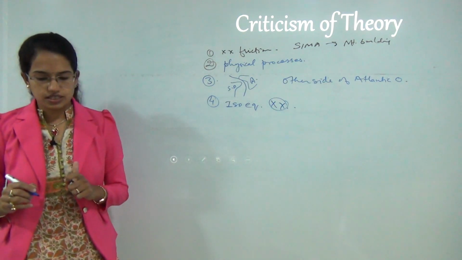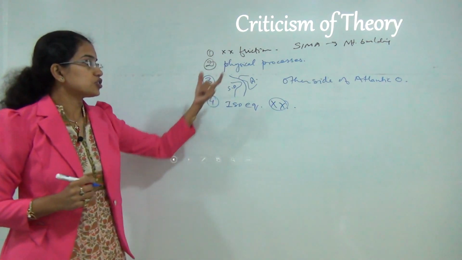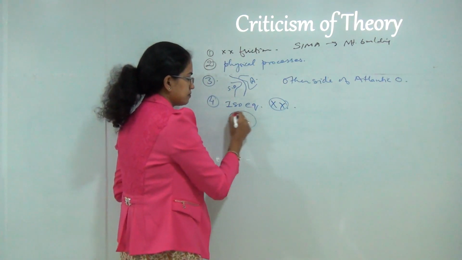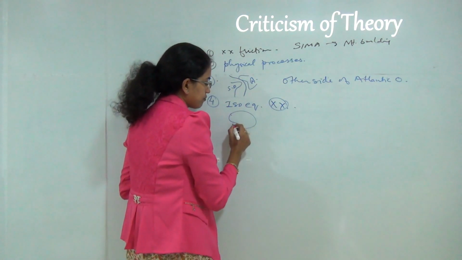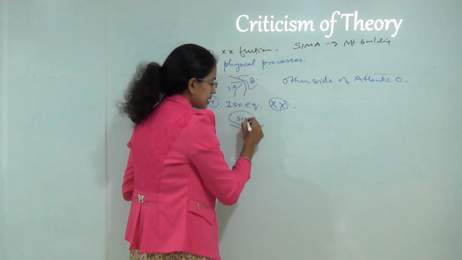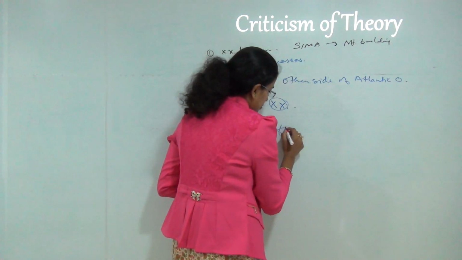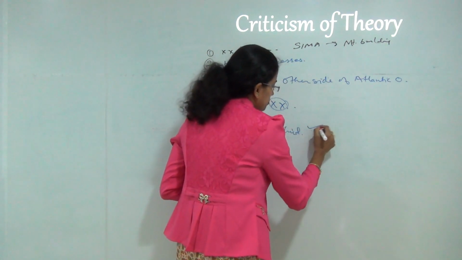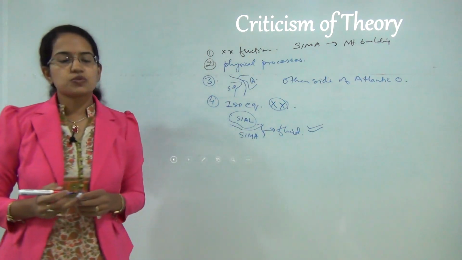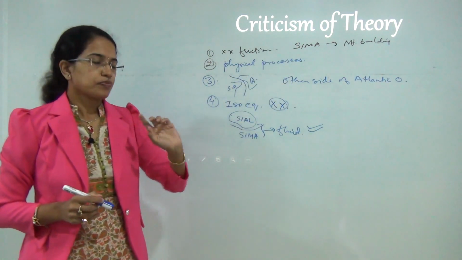So that was another criticism. Again, he could explain this theory only if he considered that there is something that floats over the Sima, that is Sial. So there should be something that is fluid below to prove his theory correct. So these were some of the major criticisms that were faced by Wegener.